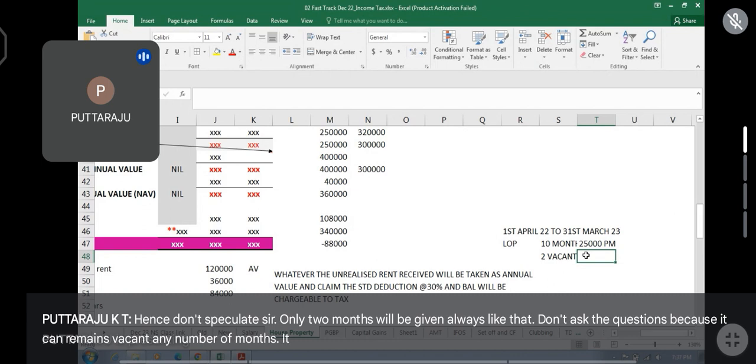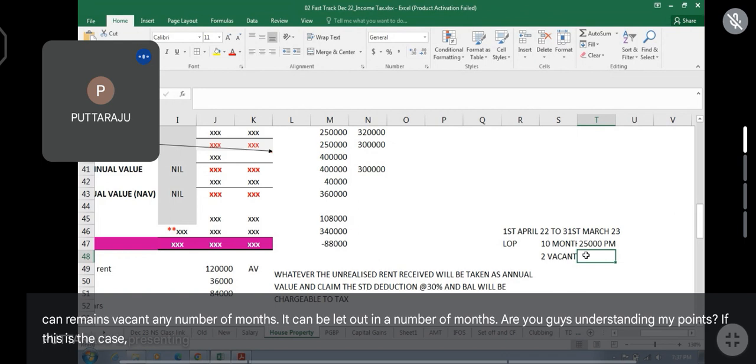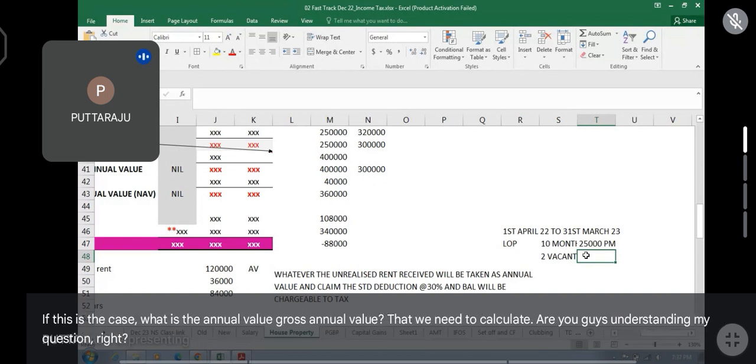It can be let out any number of months. Are you understanding my points? If this is the case, what is the gross annual value that we need to calculate? Are you understanding my question, right?